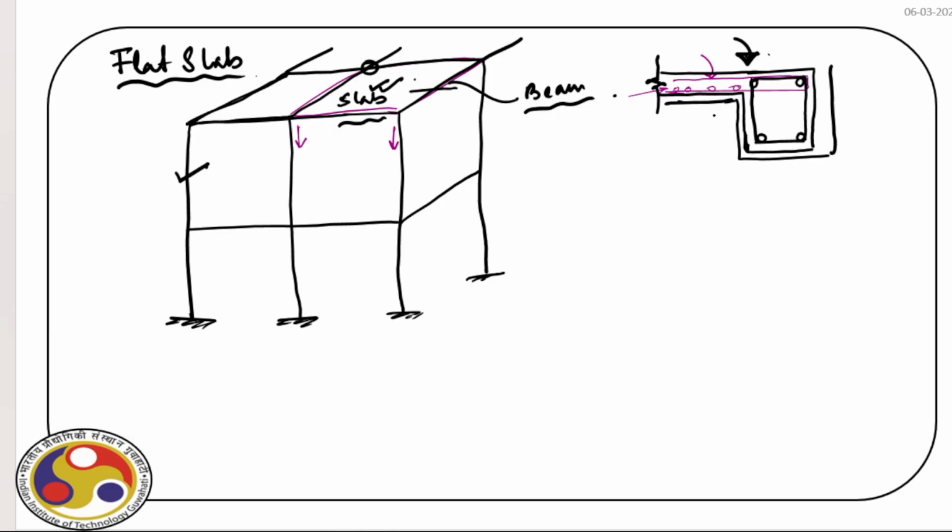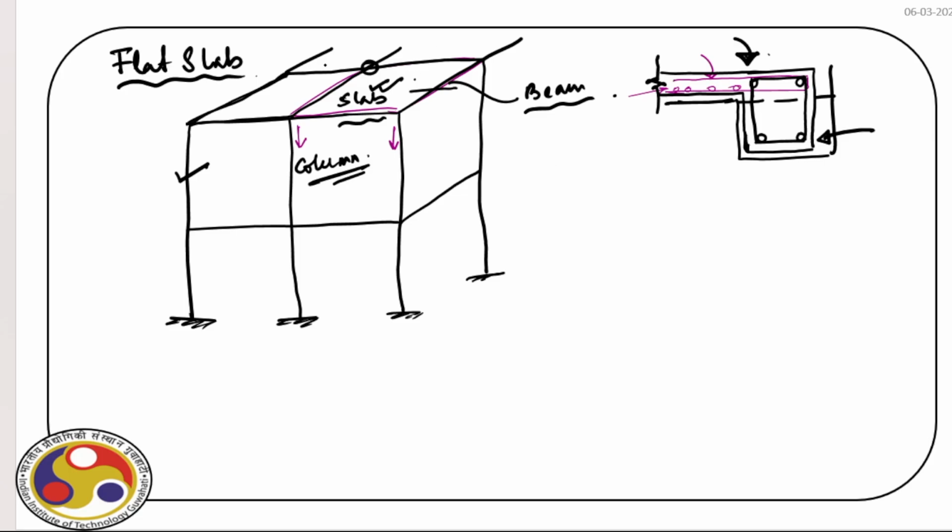The question that comes in our mind, can we not support this slab directly on this column? Then what happens? Obviously, we don't need this beam anymore. Then directly place the slab over this column, and then you can imagine instead of this formwork, we can actually have a flat surface for the slab, and that will be much easier to construct.